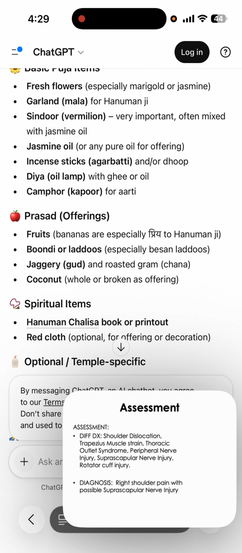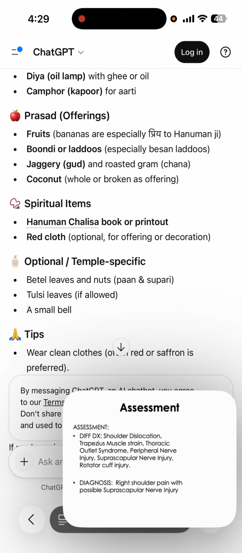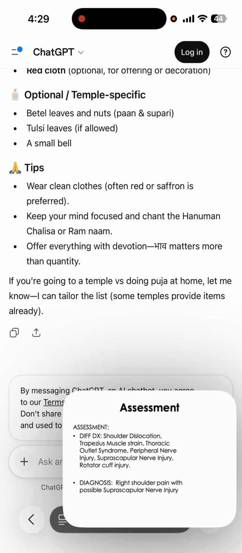And the reason why suprascapular nerve injury is the diagnosis is because this happens when there is an irritation and damage to the suprascapular nerve. The patient complains of weakness and burning, just like your patient complained about. The irritation in the suprascapular nerve is what causes the symptoms.